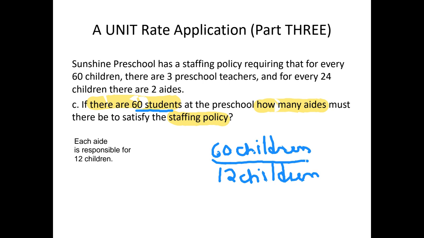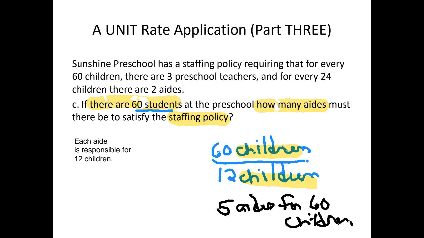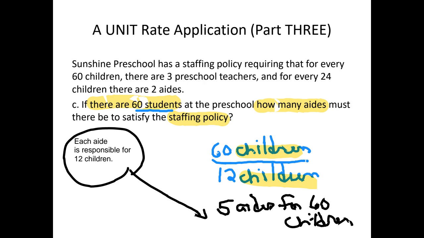This is the same as this, which means I now have 5 aides for 60 children. 1 aide for each 12. This 12 divides into 60. That's where the 5 comes from. 5 aides for 60 children.